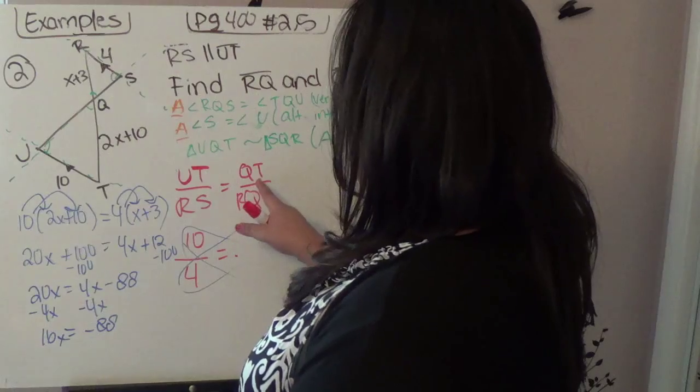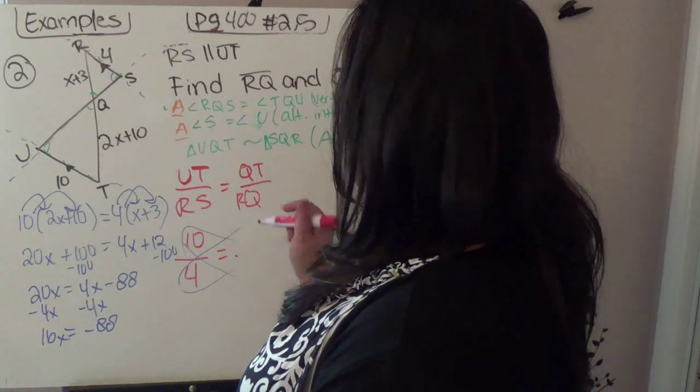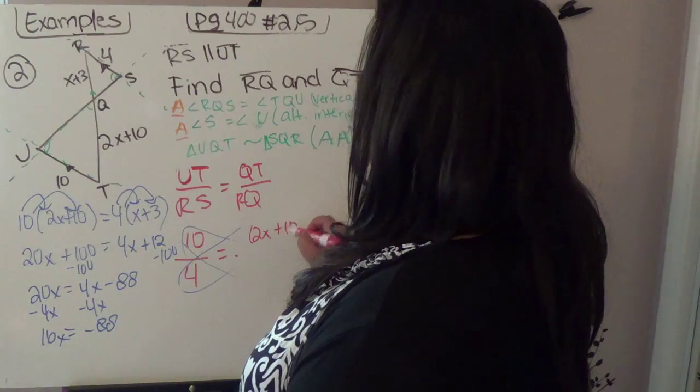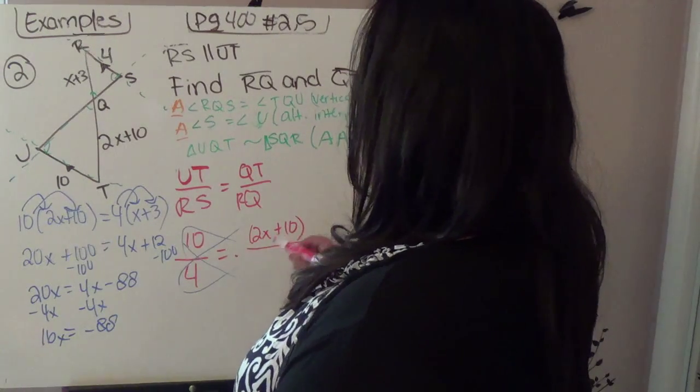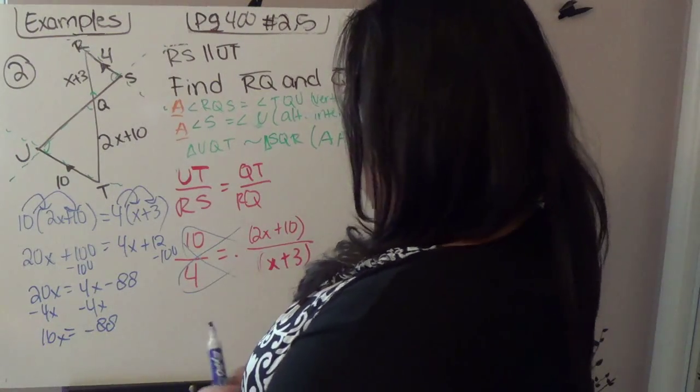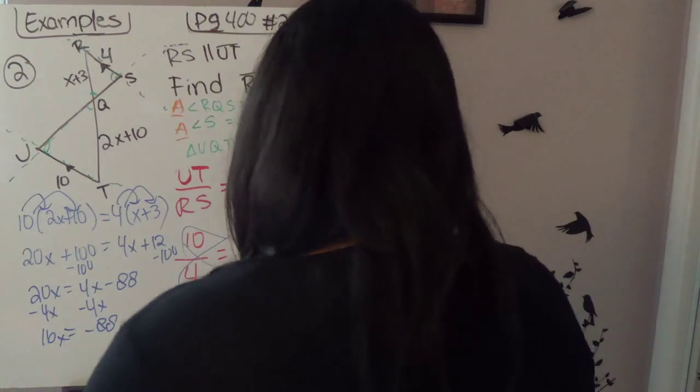So that means QT is 2x plus 10 over x plus 3. It's very important that we put it in the right spot. So, let's try this again.